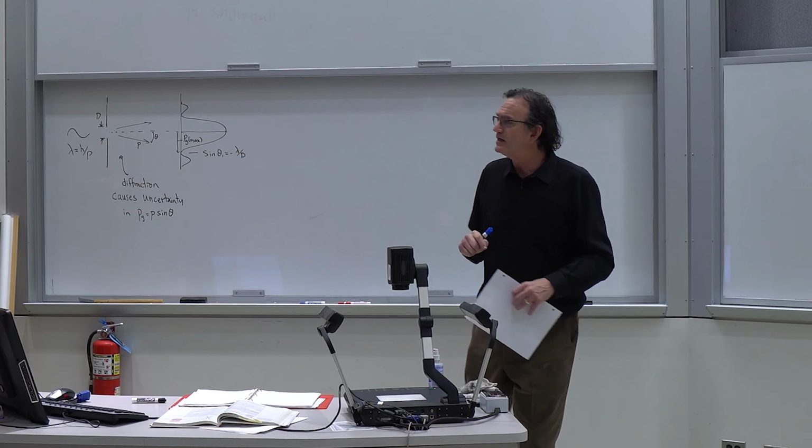So in region 2, the Schrodinger equation is going to look like minus h bar squared over 2m times the second derivative with respect to x of psi 2, and of course this is a function of x, but I will leave that off right now. And this is equal to E times psi 2, right?